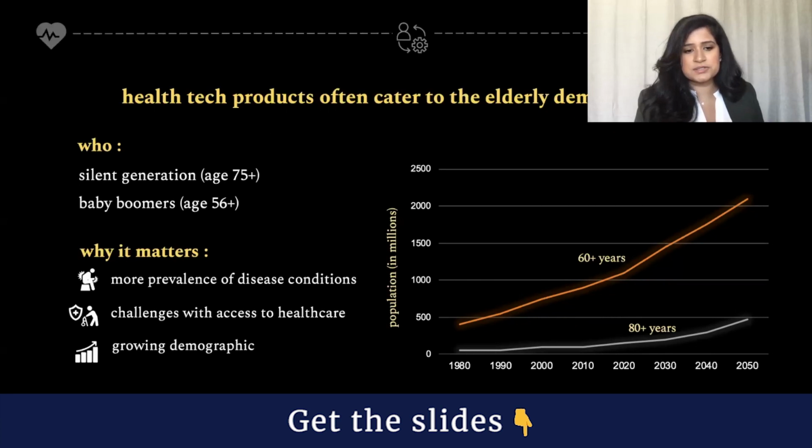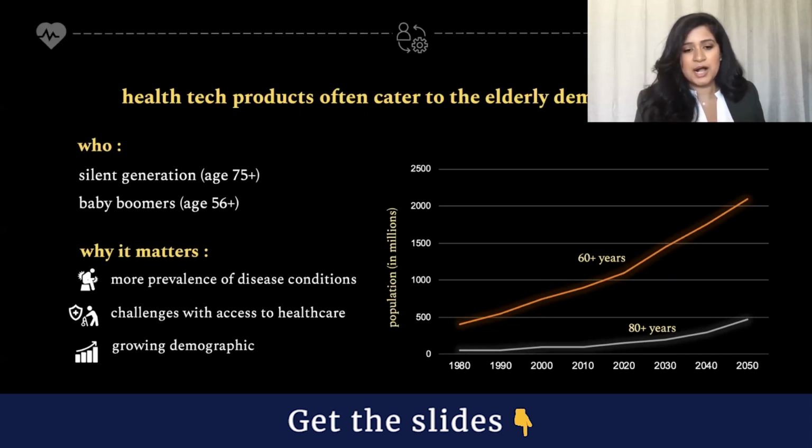This matters because, as I mentioned, if you're going after disease markets and designing products specifically for pulmonary rehab or cardiac arrest and things like that, those kinds of diseases or conditions really manifest more in the elderly demographic. So right there, they are a more disease-prone group to go after.